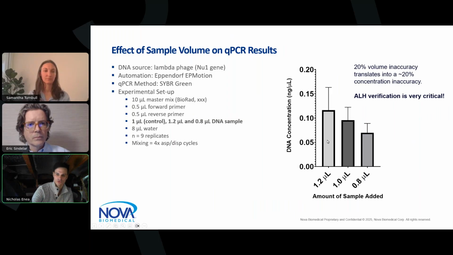If you're 0.2 high or 0.2 low, which doesn't seem like a lot at 1 microliter, 1.2 versus 0.8, it had drastic effects on the inaccuracy of volume and on the actual qPCR assay in general. Once again, I'm hammering the point as to why you need to optimize these liquid classes and continually reassess them, and make sure that the liquid handler is delivering what you think it's delivering.